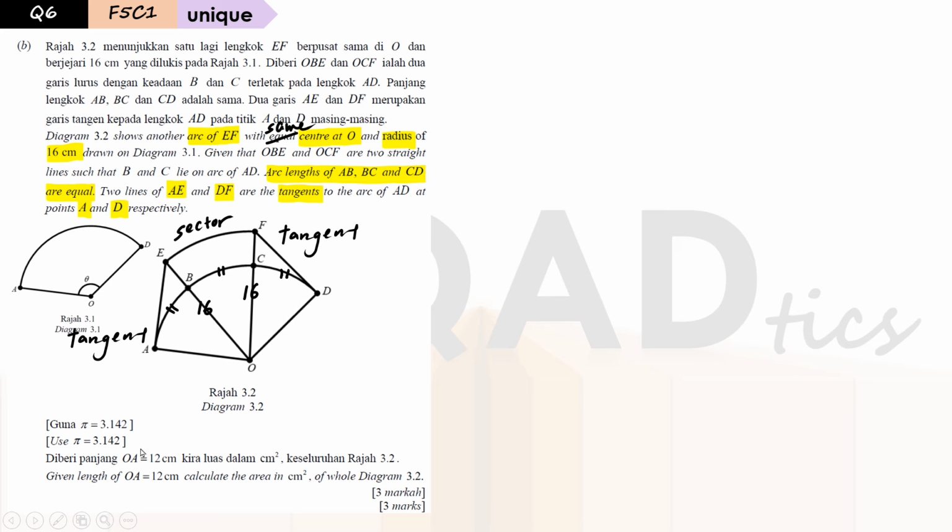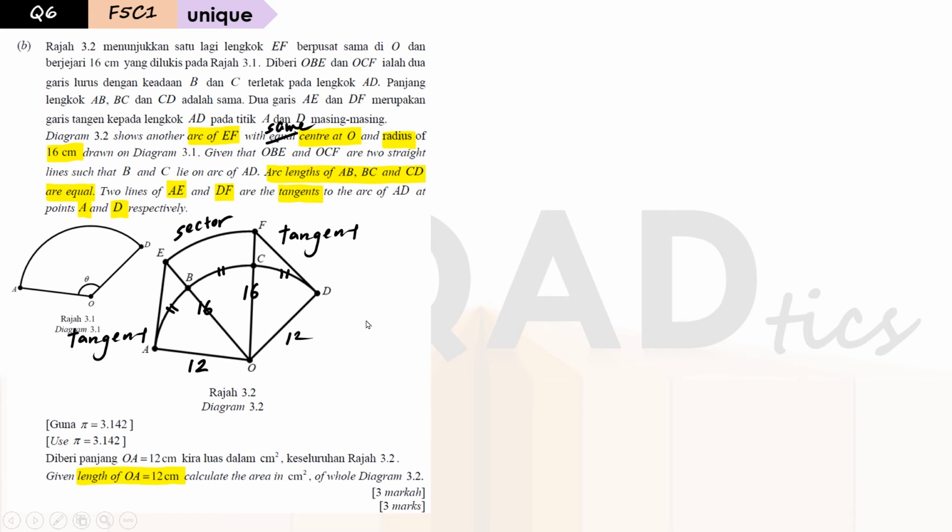Below here we also have another piece of information, which is that the length of OA is 12 cm. So OA is the radius of this sector OAD, and OD is also the radius of this sector, so OD is also 12 cm.